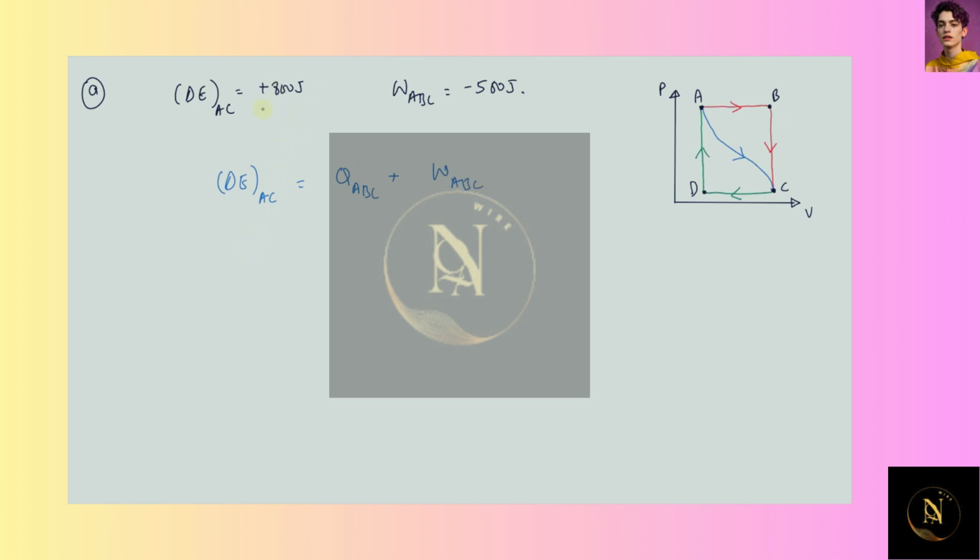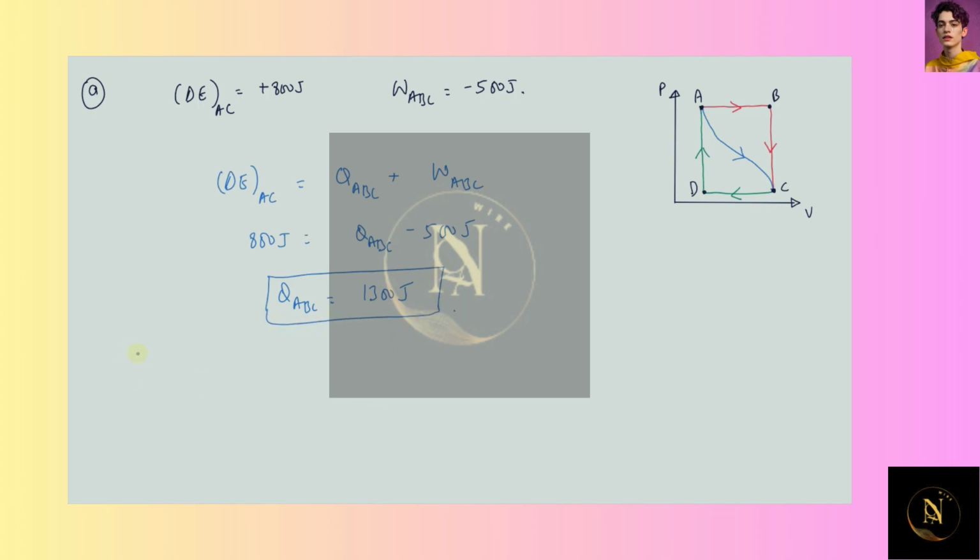So delta U of AC is given as 800 joule, equal to QABC plus WABC, which is given as minus 500 joule. From here QABC is equal to 1300 joule. So this is the answer for the A part.